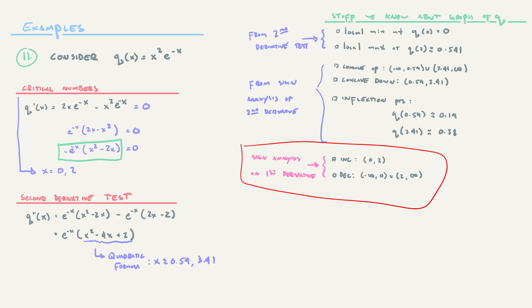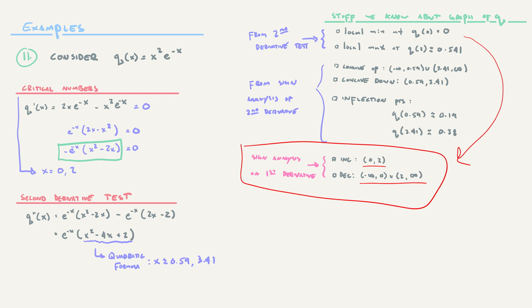I didn't actually show the sign analysis, but this is where the function's increasing and decreasing, which you could kind of infer from where the local min and max is. But you have to be careful because the first and second derivative tests are not given to be biconditional, so you don't want to make any assumptions that you can't make.